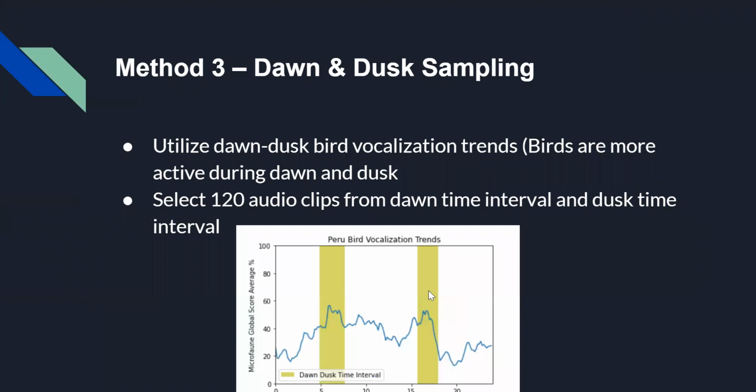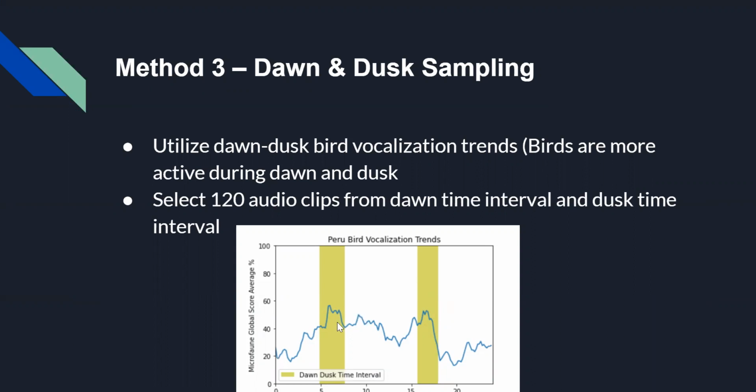The third one uses the dawn and dusk bird vocalization trends to select another subset. Since birds are more active at dawn and dusk, we have a higher chance to record audio with vocalization. We first select two time intervals, and then randomly select 120 audio clips for each time interval.